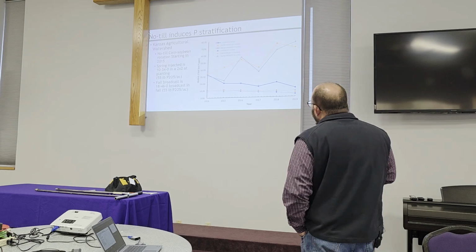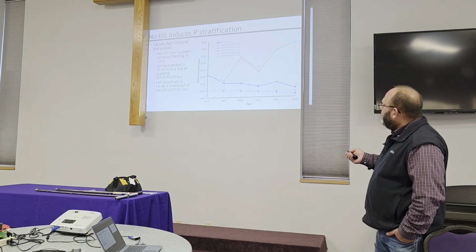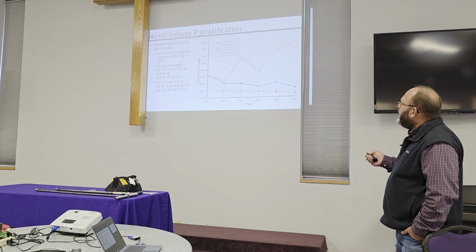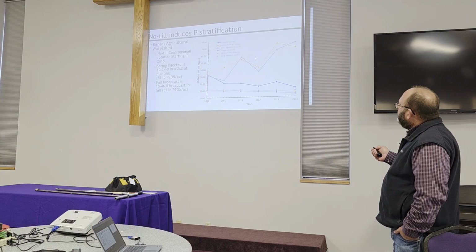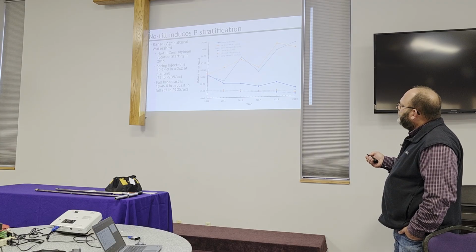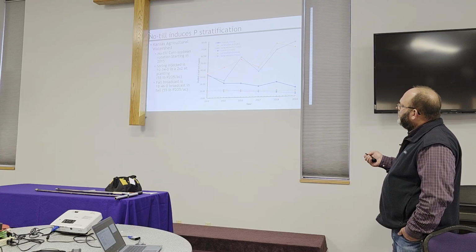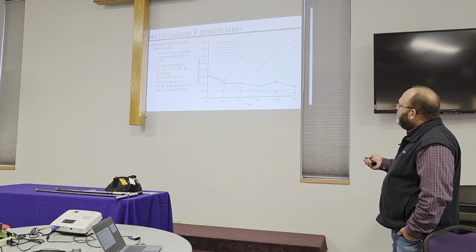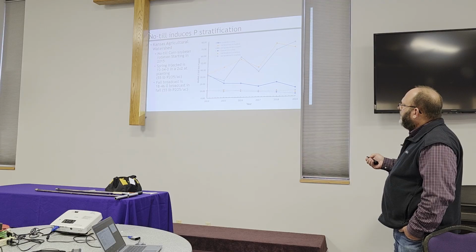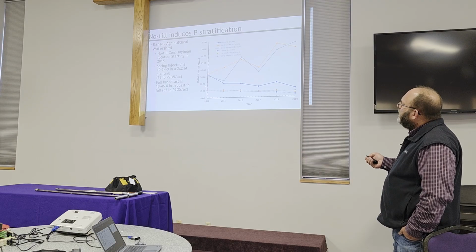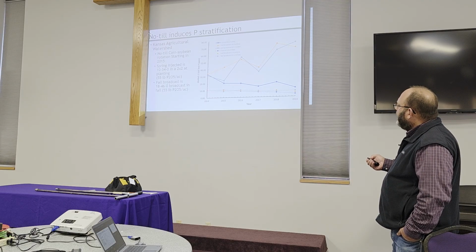And so we've been able to look at, from the beginning of this study in 2014, how quickly stratification develops. The top 2 inches had a soil test P right around 30. That 2 to 6 inch sample was about 10 parts per million Mehlich 3.